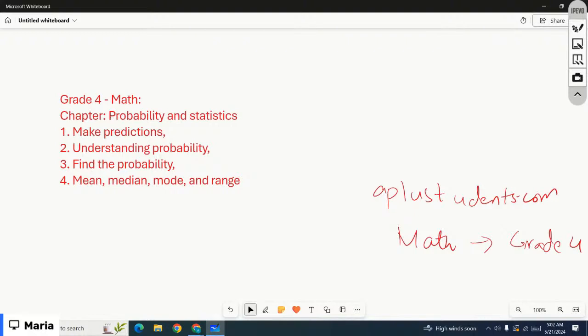We're going to start with the chapter probability and statistics. The lessons we're going to cover today are make predictions, understanding probability, find the probability, then mean, median, mode, and range.